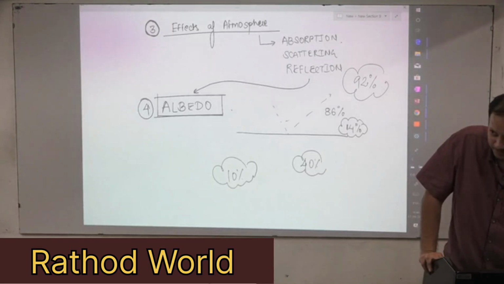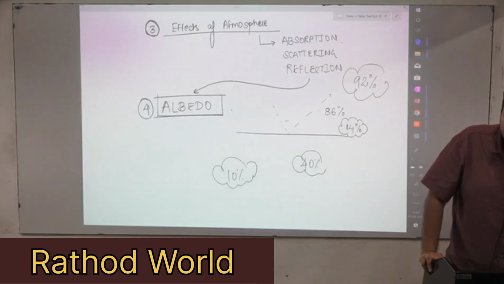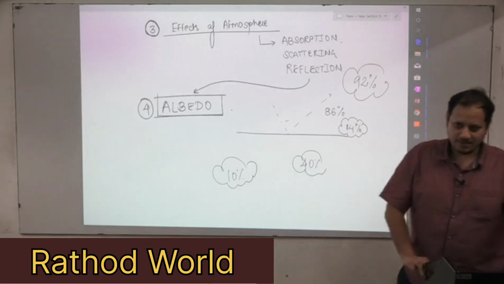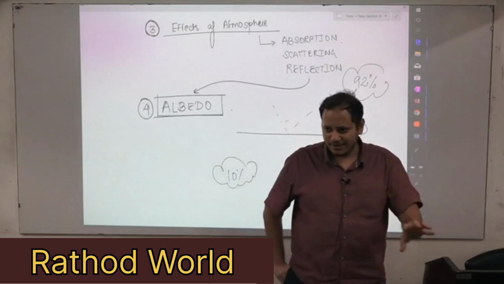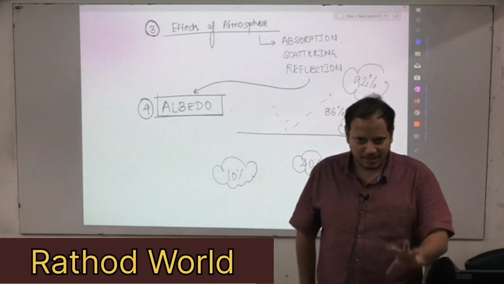Understanding everyone? So these are the 4 factors that affect the insolation. कौन से 4 factors? Inclination of the sun rays, vertical है या inclined है, horizontal तो exactly नहीं होगा, inclined.